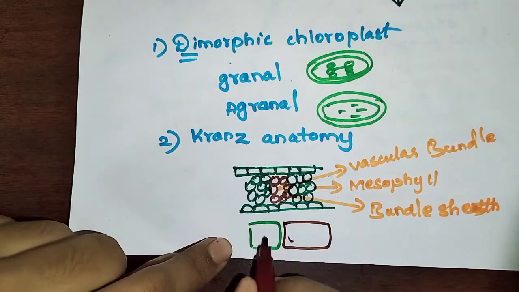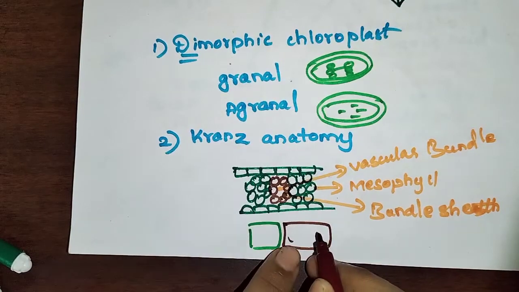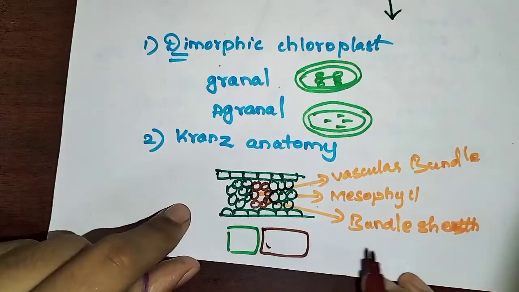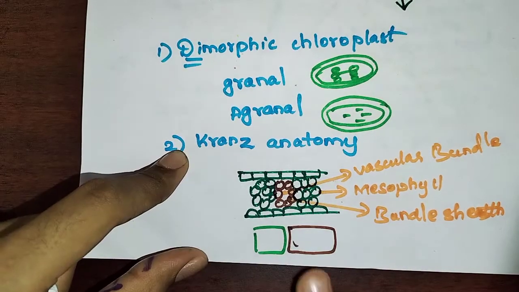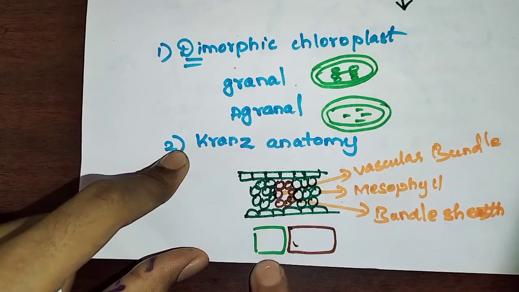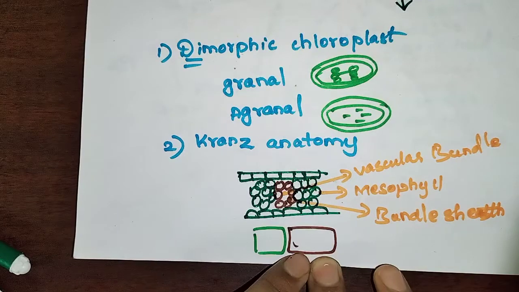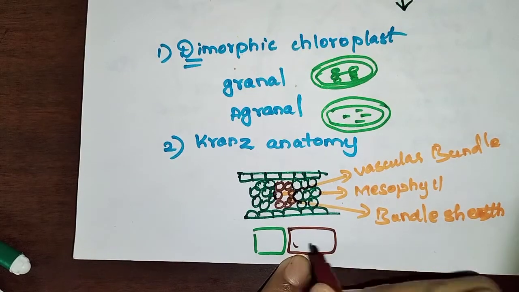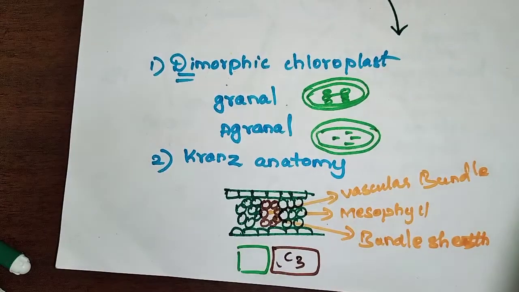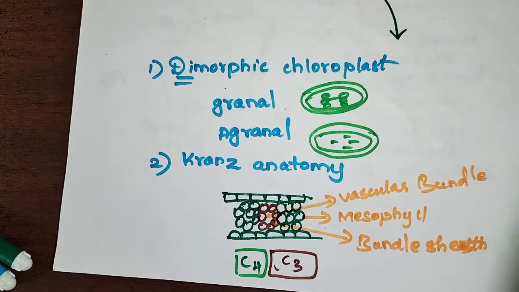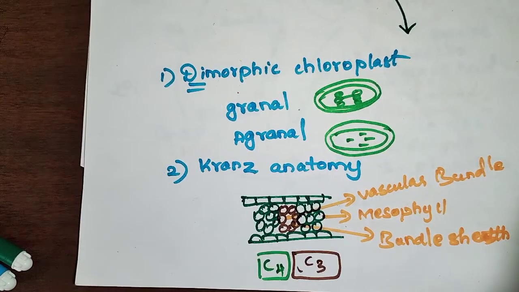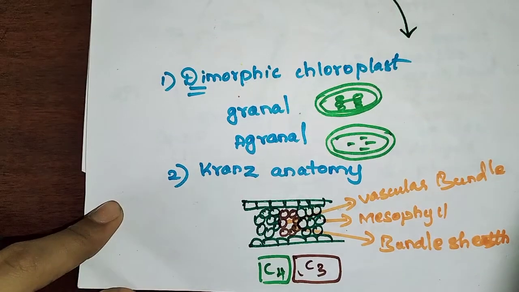Here one cycle takes place, and here another cycle takes place. In mesophyll cells, the C4 cycle takes place. In the bundle sheath cell only the C3 cycle takes place. Clear? Now we will enter into the cycle.